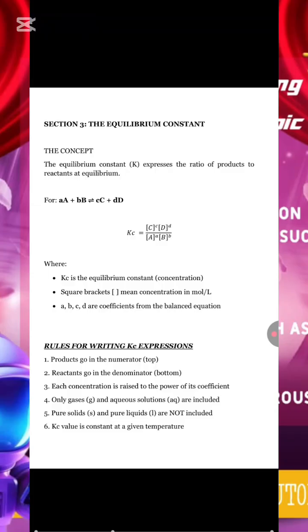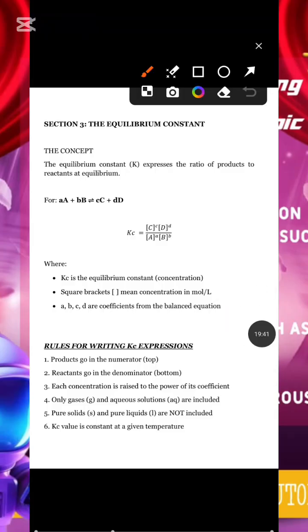All right. Now, in this fraction, the product is usually the one occupying the numerator, and the reactant occupies the denominator. Now observe this particular reaction right here.